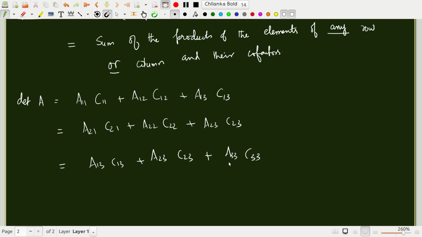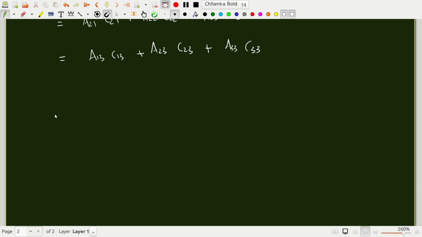It doesn't matter. I have to take the elements and multiply by the cofactors of those elements in that given row or column. So this is what the determinant is. Suppose I take a 3 by 3 matrix. There are many expressions for the determinant, depending on which row or column you choose, and they all give the same answer.